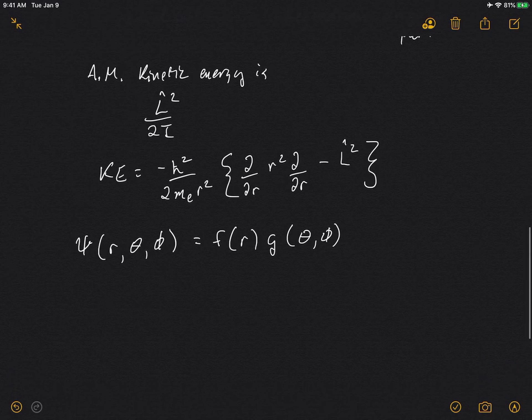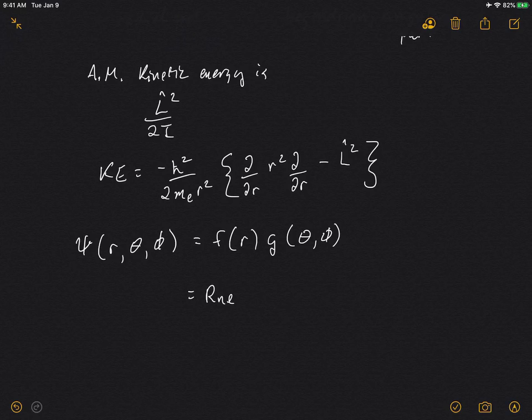And because we already know what the solutions to the angular momentum, the rigid rotor type Hamiltonian, look like, we're going to make an assumption that our functions are of this form.